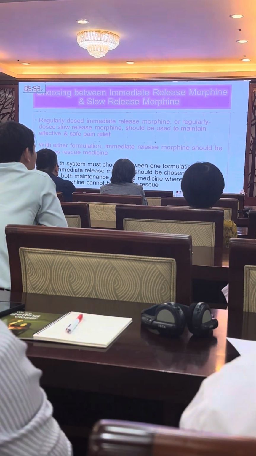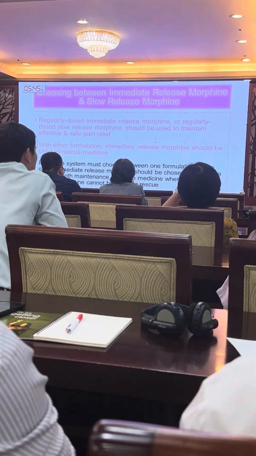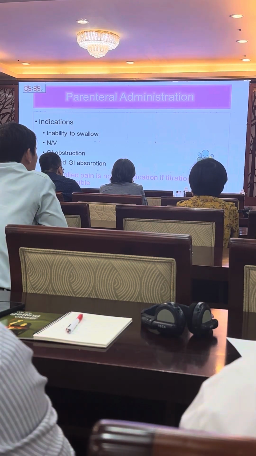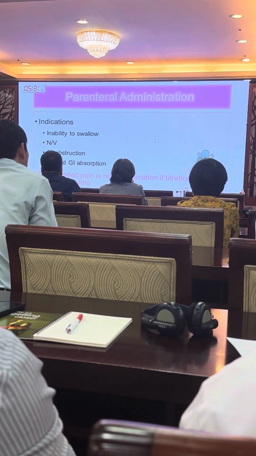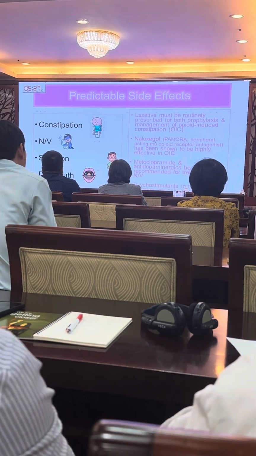In Thailand, many small hospitals have only the sustained release tablet, and it's very, very hard to treat breakthrough pain. And parenteral administration is indicated when the patient has no ability to swallow, has a lot of nausea, vomiting, GI obstruction, or limited GI absorption.